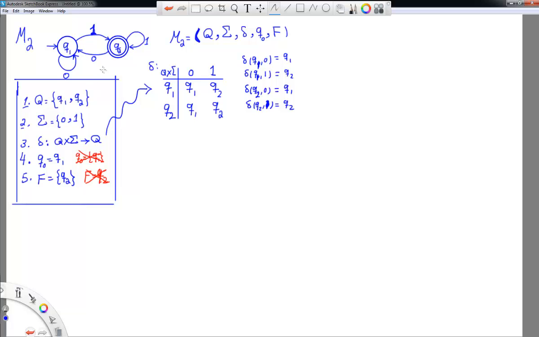Now, if you want to understand what this automata does, to be able to look at the language that it recognizes, or the set of strings that it accepts, it helps to go over and try some examples as input and see what happens.